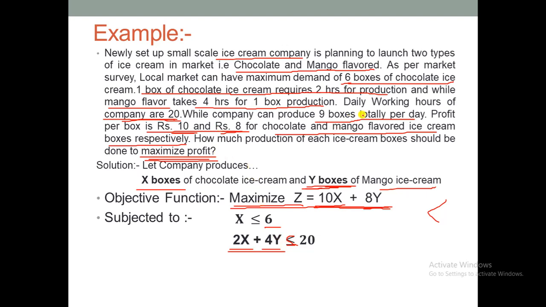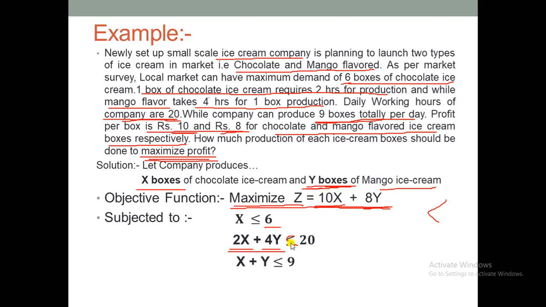Now two constraints we have got. What is the third line? The company can produce 9 boxes in total per day. That means the total production capacity of the company is 9 boxes, considering chocolate as well as mango. So the number of chocolate boxes is X, the number of mango boxes is Y, and the total number of boxes can be maximum 9 or less than that.